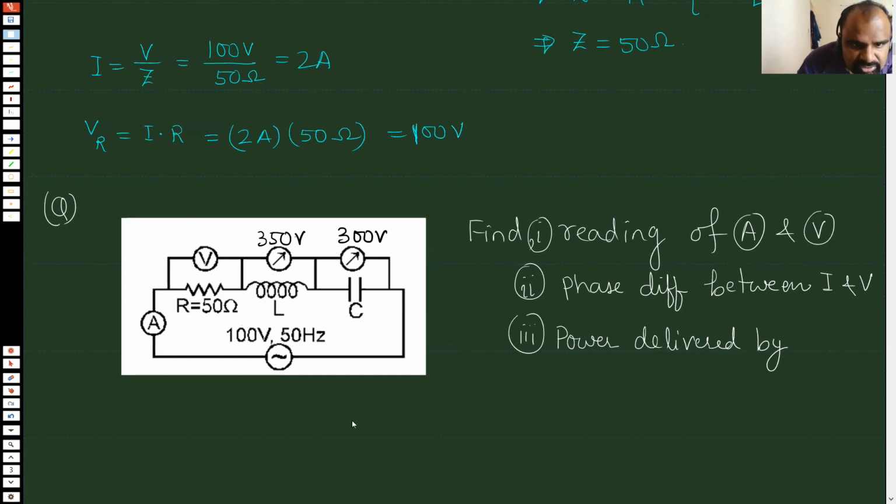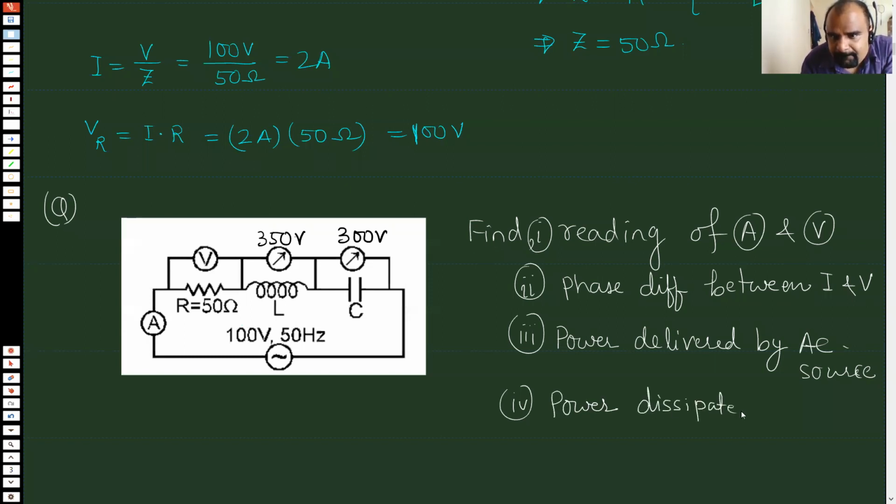Can we find that? Yes, why not, we can find the power delivered by the AC source. Fourth is the power dissipated in the circuit. Okay, you can start solving. Fifth is the power factor. Sixth is the wattless current.